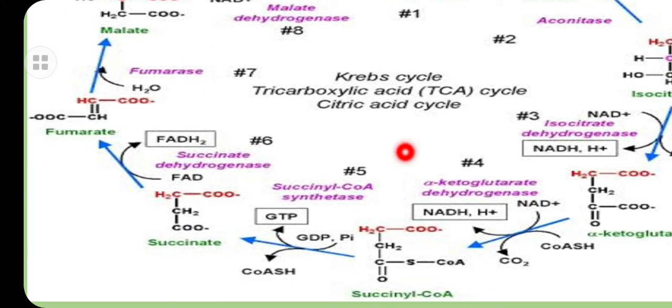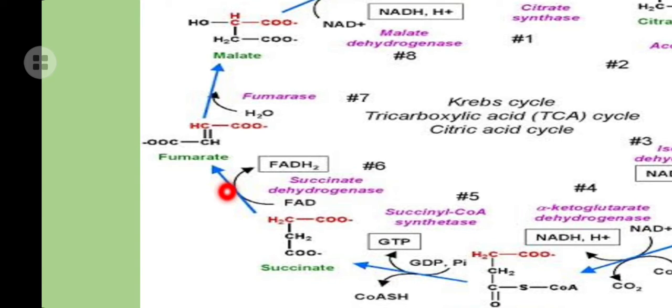The fifth step of the Krebs cycle is conversion of succinyl coenzyme A into succinate. During this process, GDP converts into GTP and produces 1 molecule of ATP in the presence of the enzyme succinyl coenzyme A synthetase.